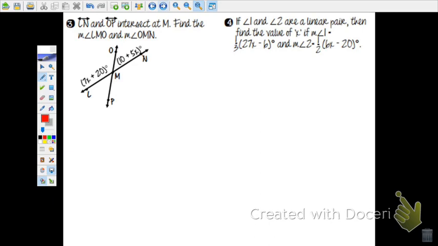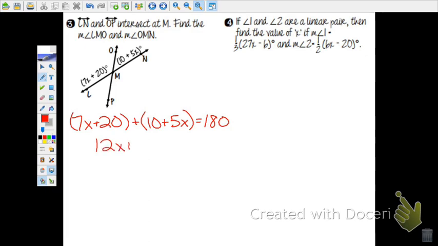They are equal to 180, which is our straight angle. So I combine like terms. 12x plus 30 equals 180.